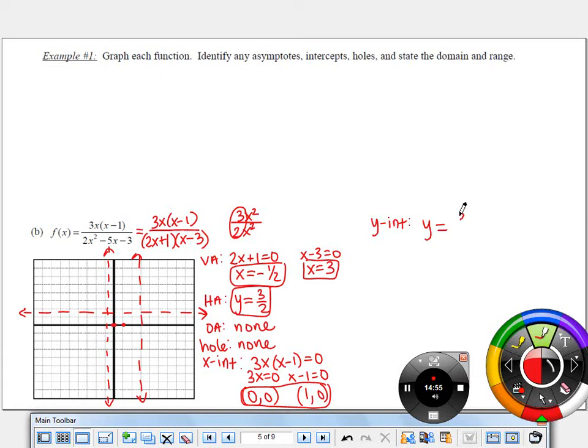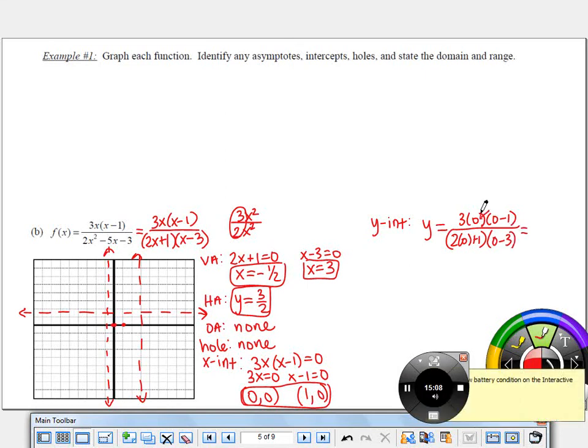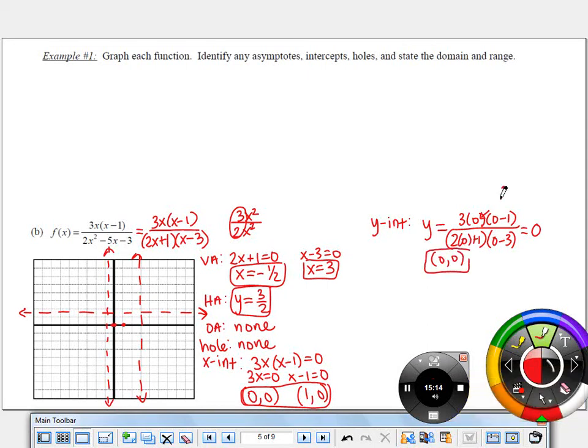So if we did that, we would get a value in the denominator, but because of this 0 in the numerator, we're going to get 0, so our y-intercept is also just 0, 0, which we already have on the graph.